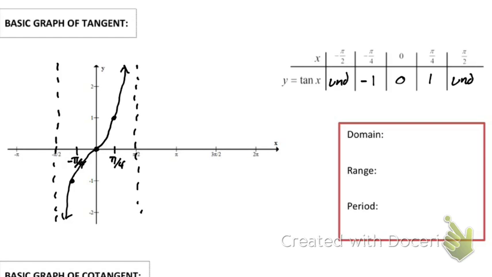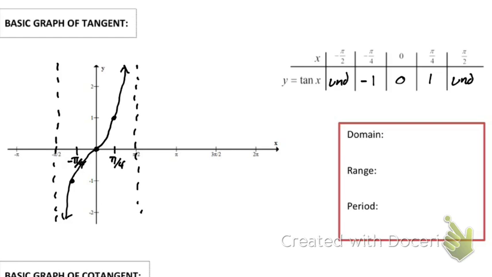It looks kind of like a snake of sorts, I guess. That helps you remember it. Snake graph. And this is one full cycle of your tangent graph.